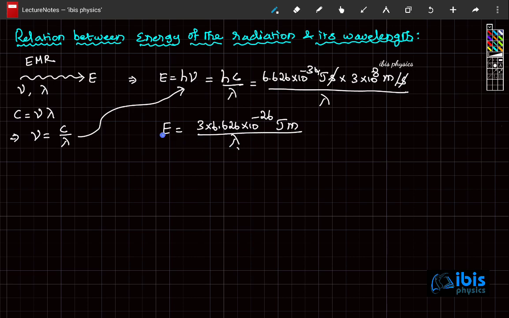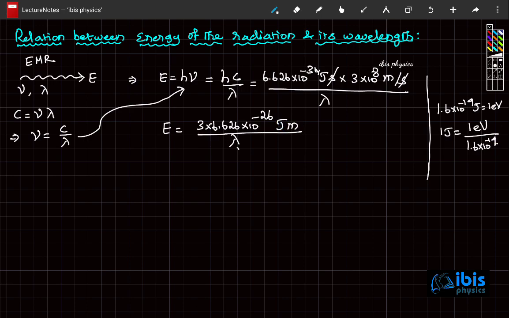Let me keep lambda and E. I'll convert joule into electron volt, because the energy of radiation is in electron volts, but this is in joule. 1.6 into 10 power minus 19 joule is equal to 1 electron volt. Hence 1 joule is equal to 1 electron volt divided by 1.6 into 10 power minus 19.